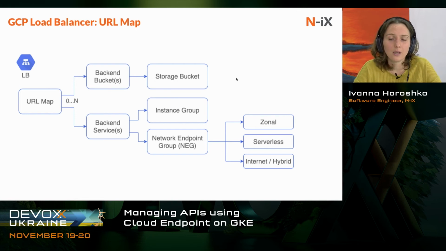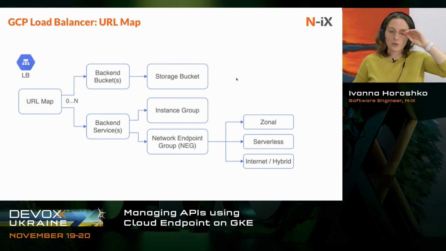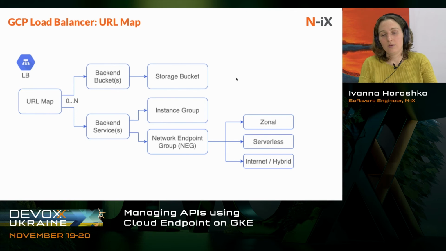But anyway, internet and hybrid can route traffic if your backend is deployed outside of Google. If it's on-premise, on another cloud provider, doesn't matter. You still can link it and route through the same load balancer as you do for your serverless solution inside of Google.